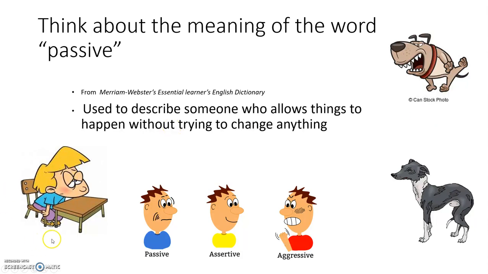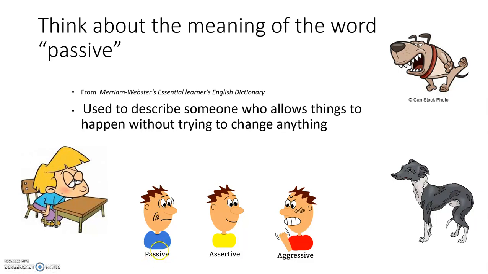This student over here looks very passive. He looks sleepy, bored. He's not doing anything. He has no books, no laptop, no pen, no pencil, no paper, nothing. He's very passive. He's probably not learning anything. Sometimes we describe people's personalities this way: passive, assertive, aggressive. So again, the passive person just allows things to happen. He doesn't do anything.